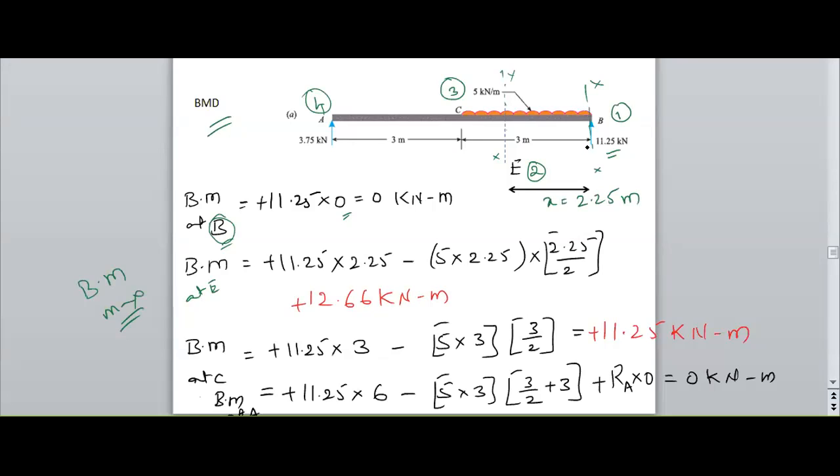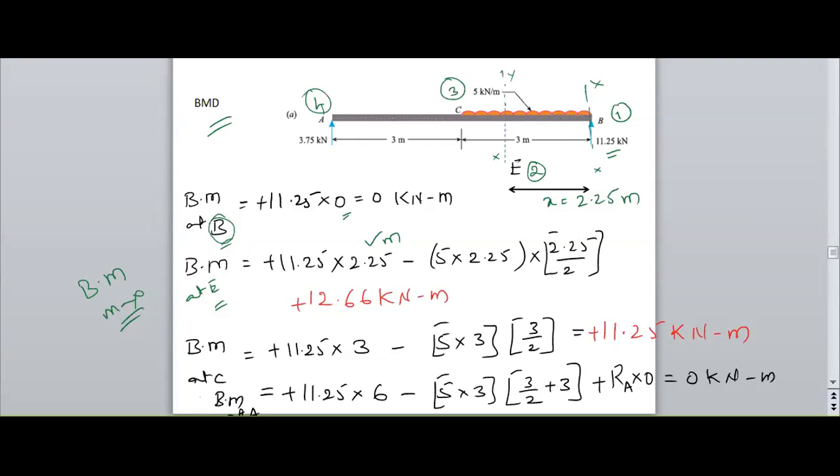Therefore, the first point load is 11.25 and its distance from E is 2.25 meters. Next, I have a UDL on the top of the beam, whose length is again 2.25 only.